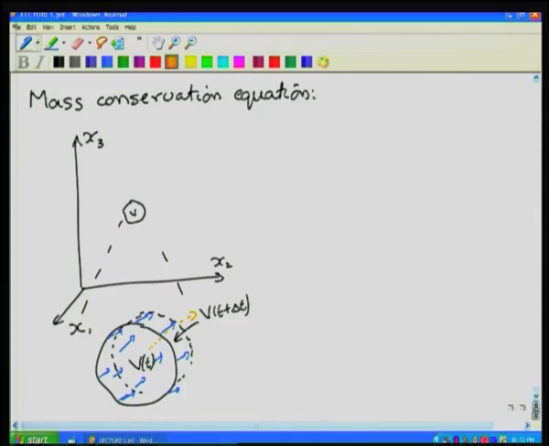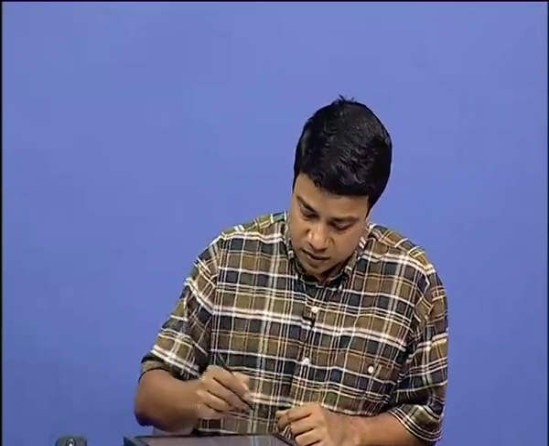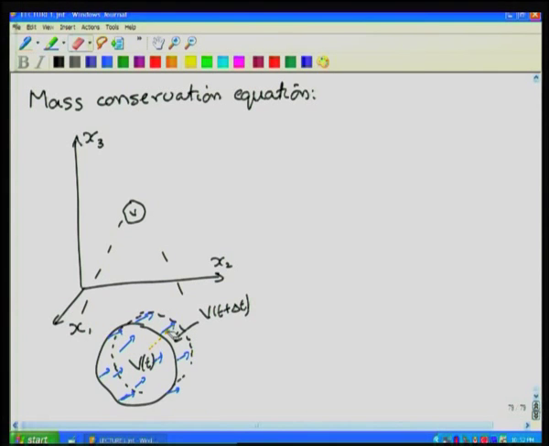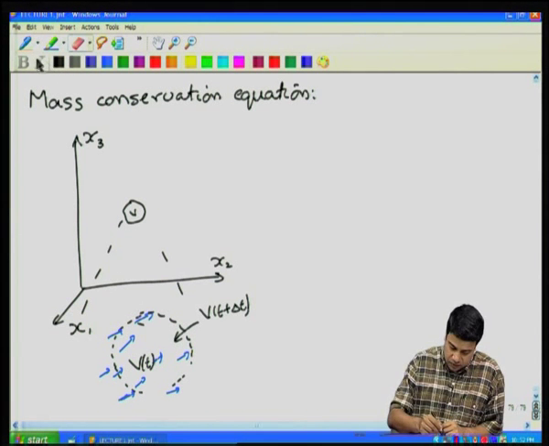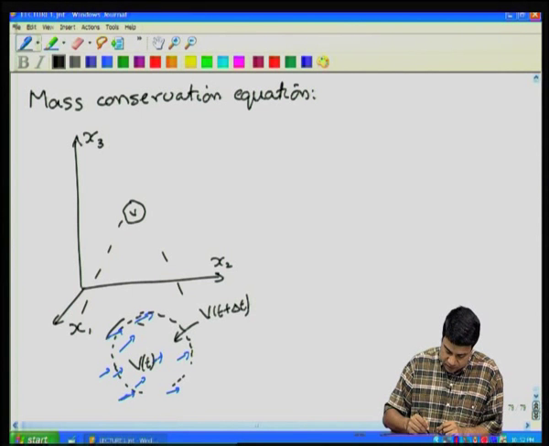However, the velocity vector, as we said, is a function of position and time. It has only a single value at each position and at each time. Therefore, material elements cannot cross from inside to outside. So, what remains inside continues to remain inside, what remains outside continues to remain outside, and what is on the surface continues to remain on the surface.